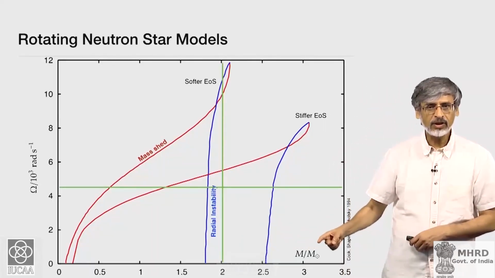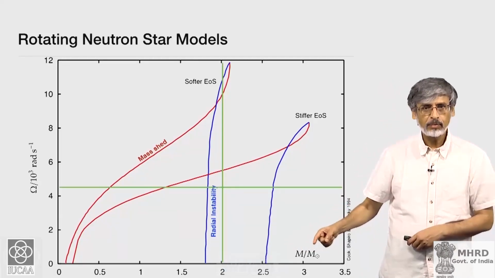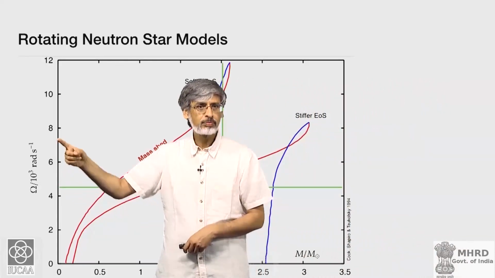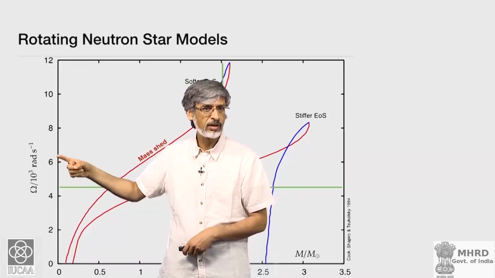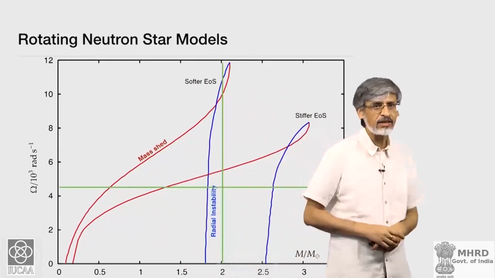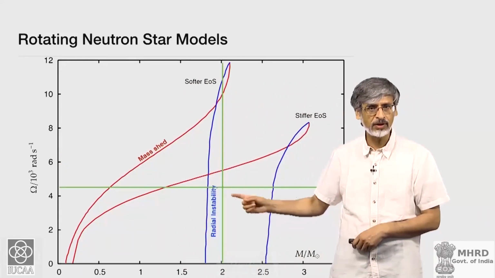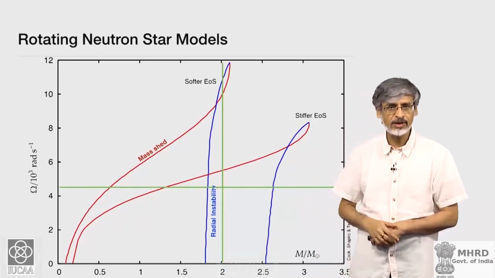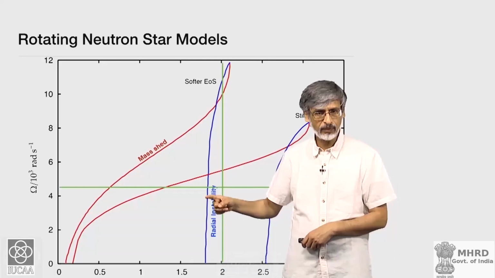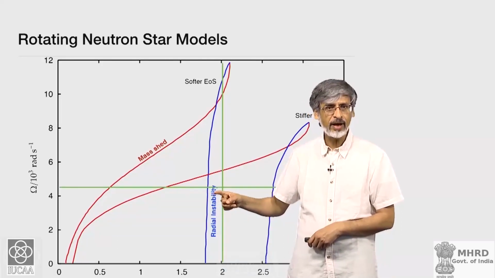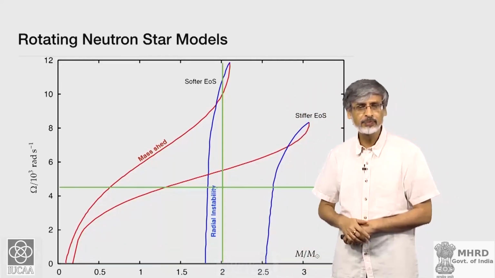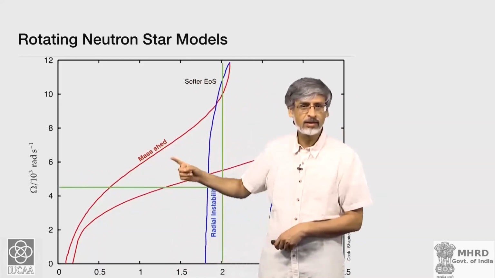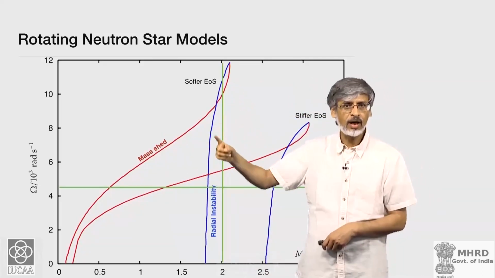Now, here what is plotted is the mass on the horizontal axis and spin frequency, angular frequency omega, on the vertical axis, and as you change the central density of the neutron star, for different values of angular velocity you can produce neutron stars of the same mass, or for a given mass of the neutron star you can have different values of central density supported at different rotation periods, and these curves envelope that region.